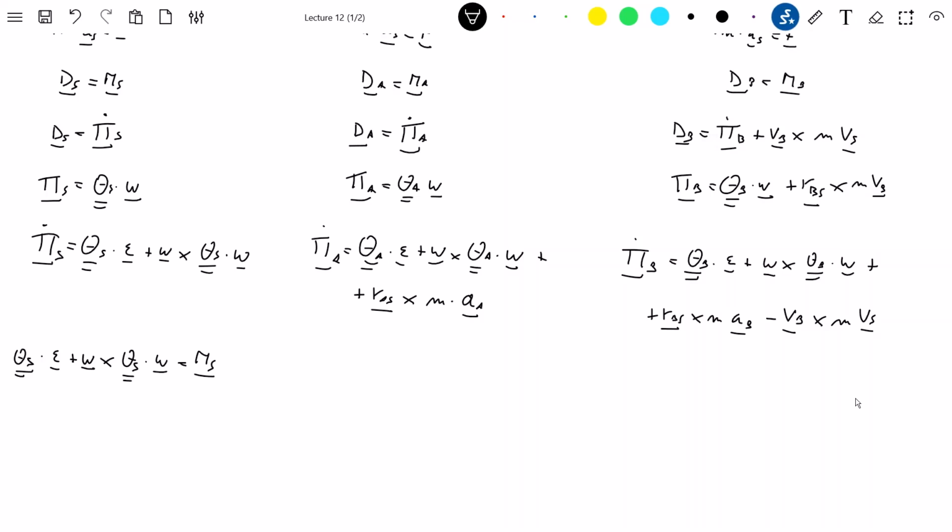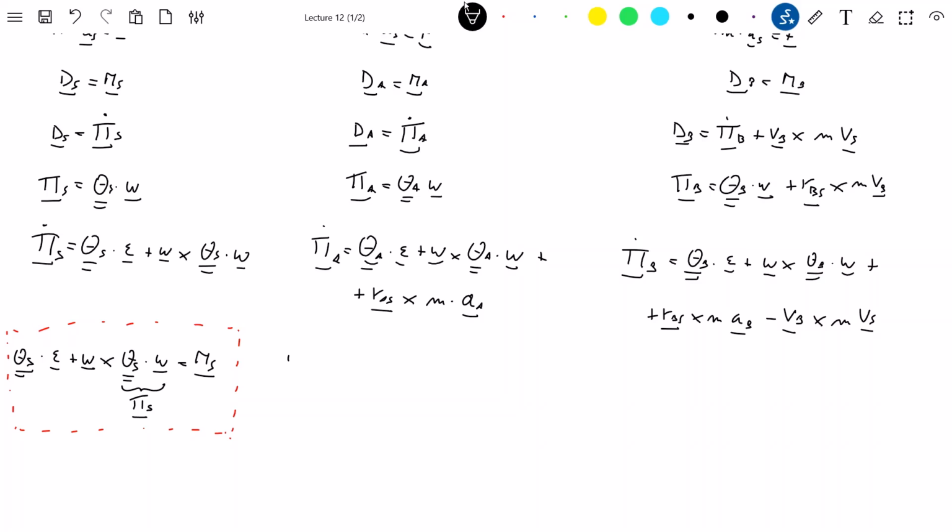And remember that this is pi s. I try to highlight this formula. Then let's see what we have in the case of a point with zero velocity.